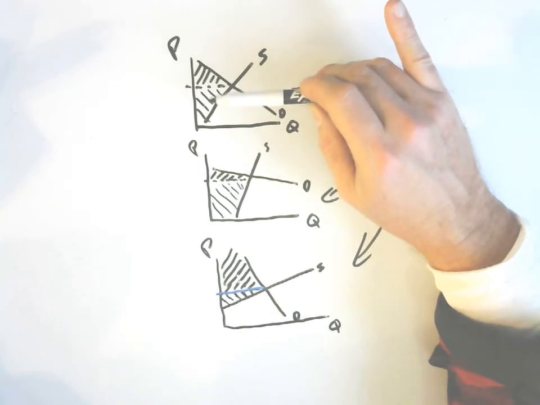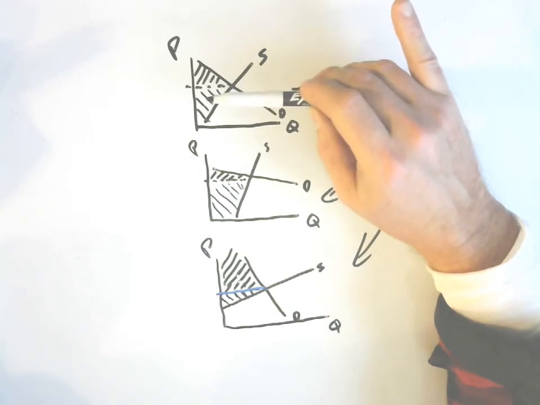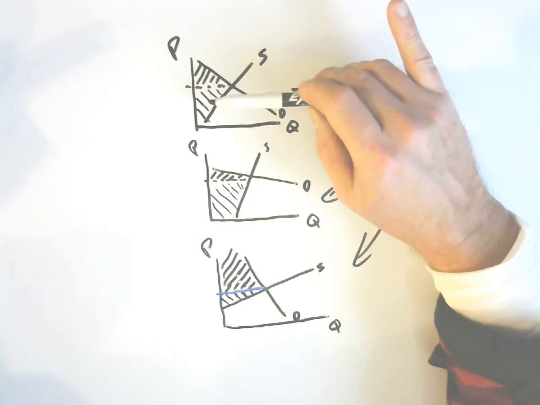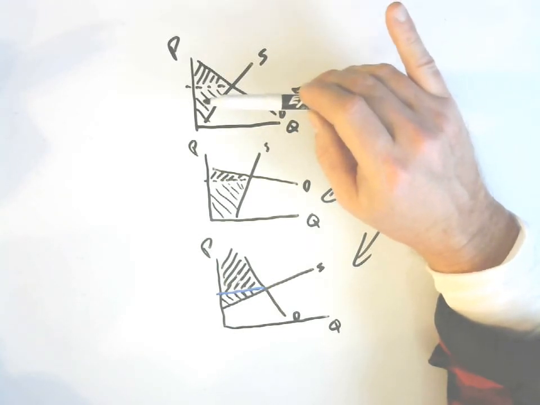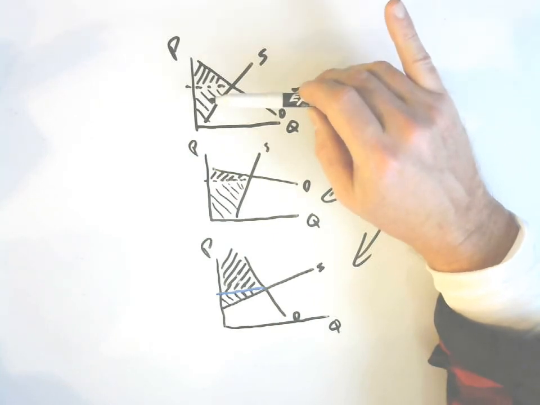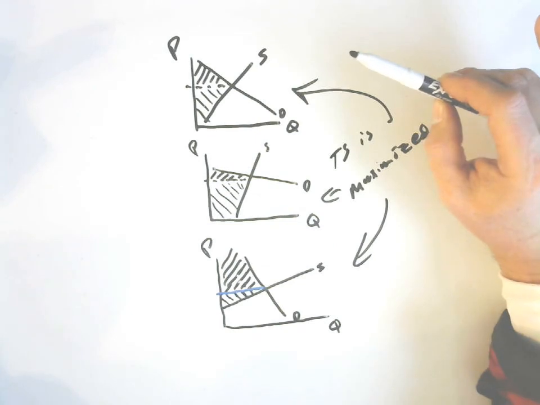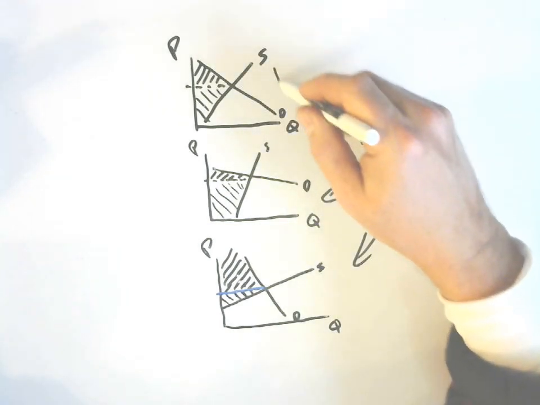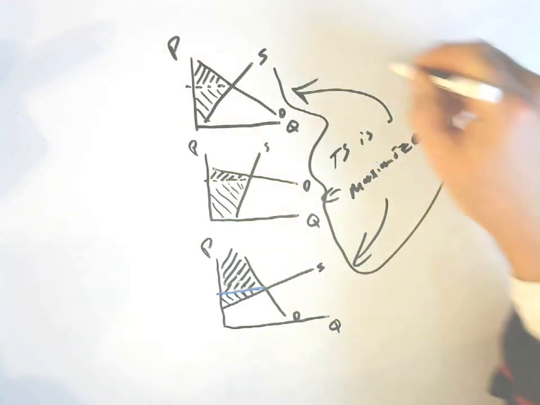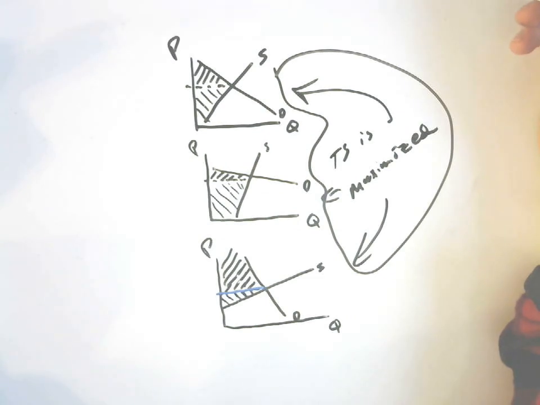So when society's total surplus is maximized, society is fully efficient, society is happiest, and that includes both consumers and firms. It doesn't matter the distribution of consumer and producer surplus. An economist is happy as long as total surplus is maximized.